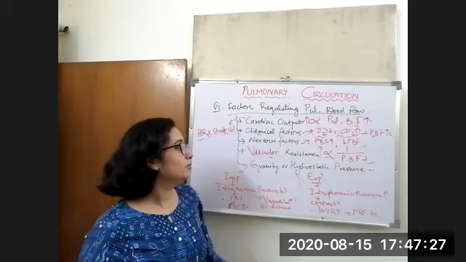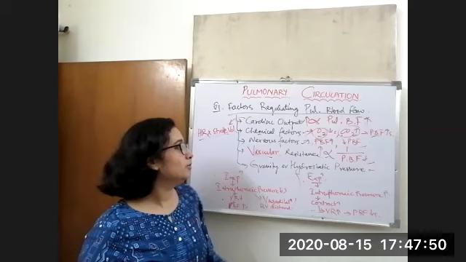Why tubercle bacilli? Because tubercle bacilli is highly aerobic. It needs a high amount of oxygen to survive. So it gets an opportunistic chance here to thrive. That's why TB most commonly happens in the apical portion.